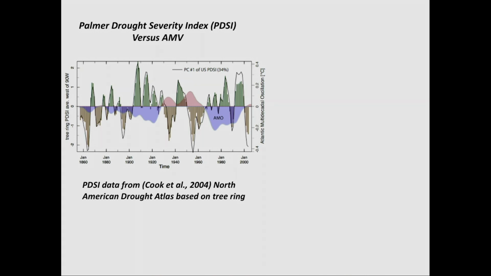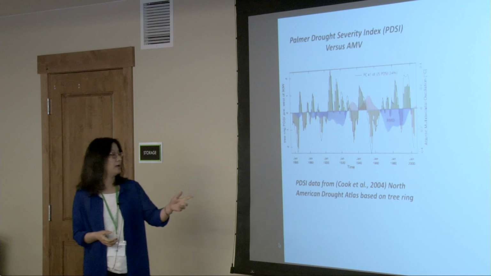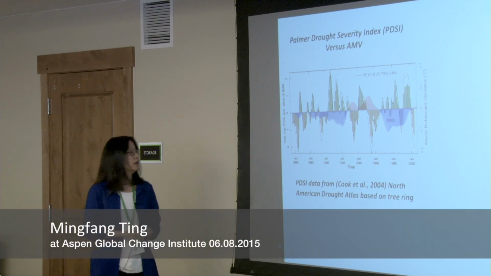So this is talking about basically the teleconnection part of Atlantic multi-decadal variability and how that relates to the U.S. hydroclimate and North American hydroclimate. I wanted to get this one because it's kind of nice to show this relationship in the observation. This is based on the Palmer Drought Severity Index from the tree ring data, the Cook et al.